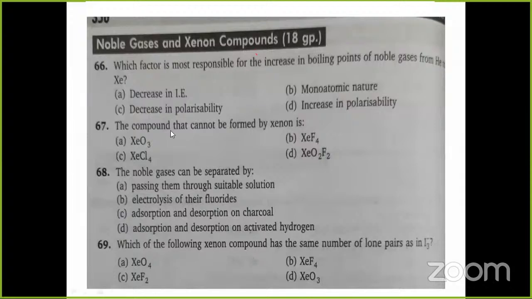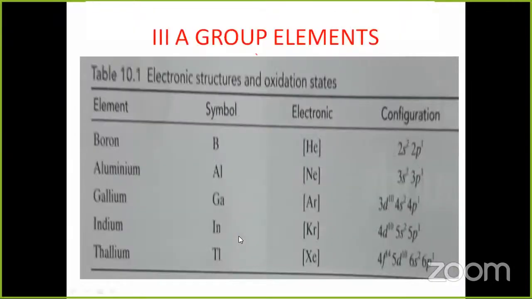The compound that cannot be formed by xenon. The noble gases can be separated by. Which of the following xenon compounds has the same number of lone pairs as in I3 minus? And which factor is most responsible for the increase in boiling point of noble gases from helium to xenon? So these are the model questions.